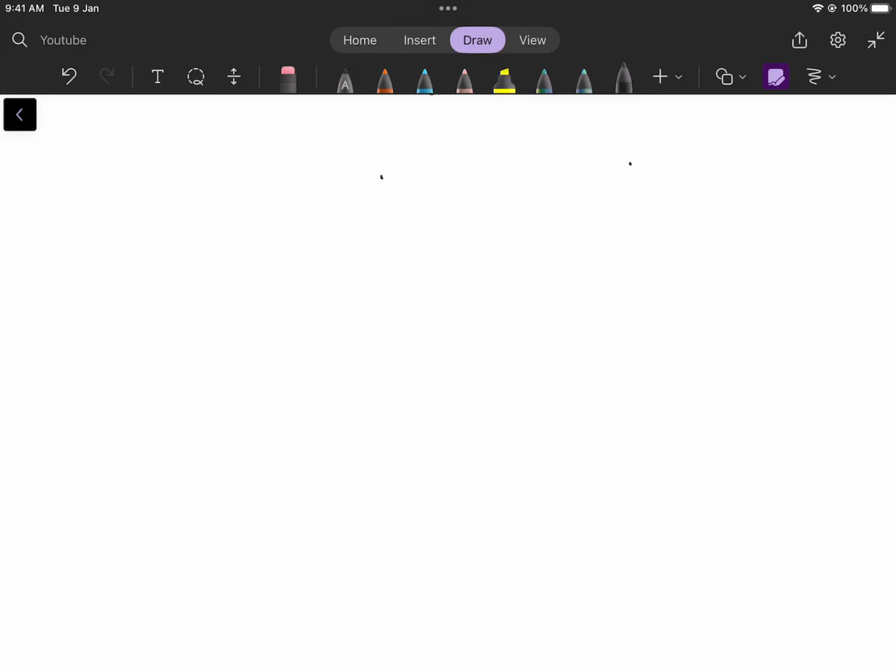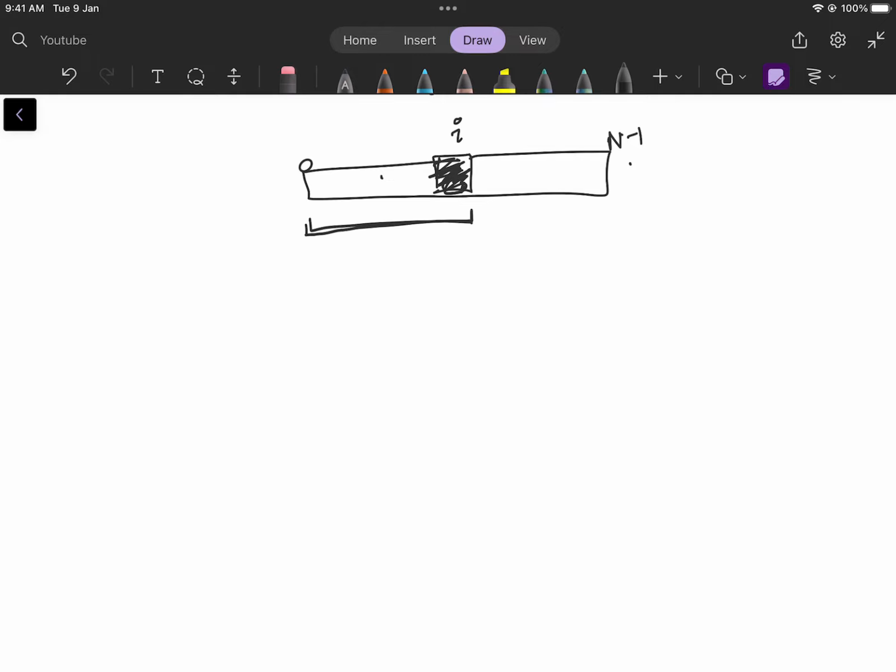You can think you want to find the contribution of the ith element in this array, 0, 2 and minus 1. This ith element can appear in every sub-array occurring on this side, and the ith element can also occur in every sub-array occurring on this side.